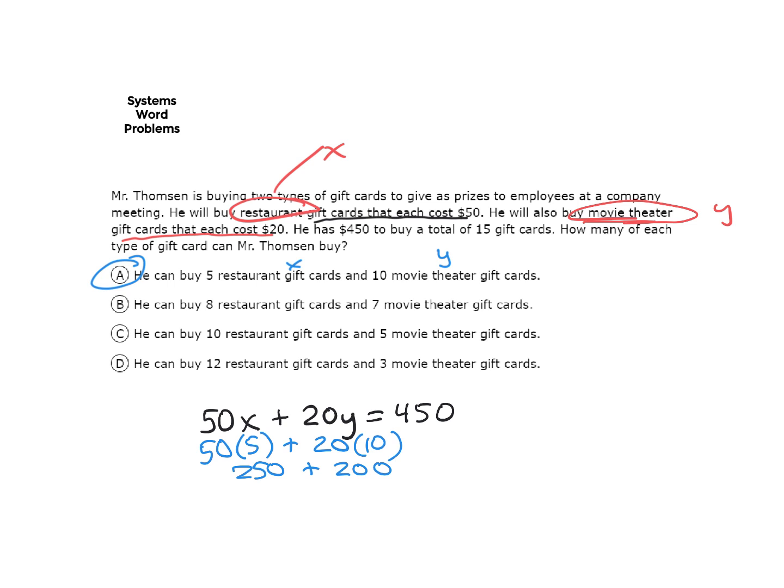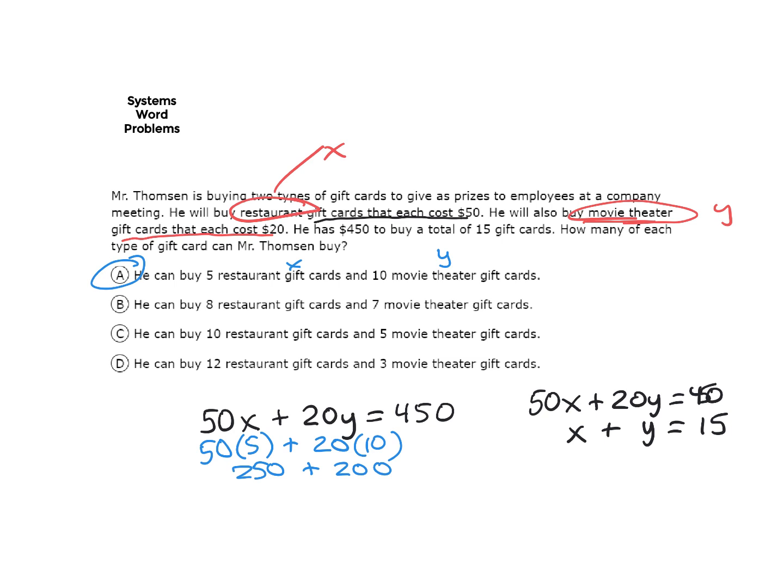The second way you could do it is you could write a system, and you could say, well, 50x plus 20y equals 450. And he has 15 gift cards that he's going to buy. So 15 gift cards, well, X plus Y, those gift cards added together have to add up to 15.